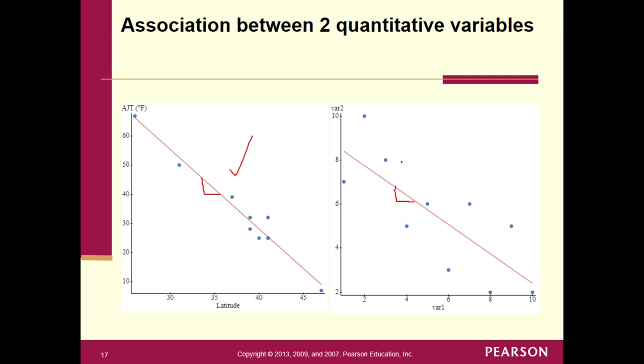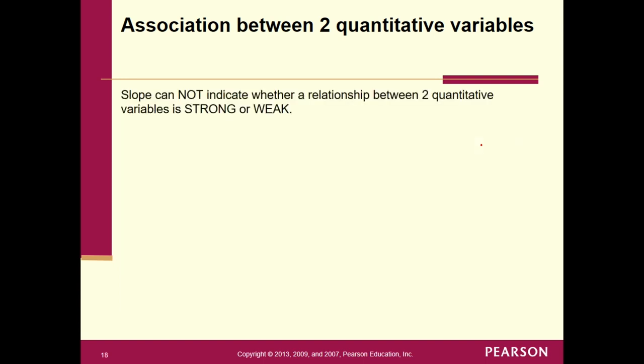And as they are spread out a little bit more, the weaker the relationship is. So the one on the left is strong, and this one is a lot weaker. And so here's the thing: slope cannot indicate whether a relationship between two quantitative variables is strong or weak.